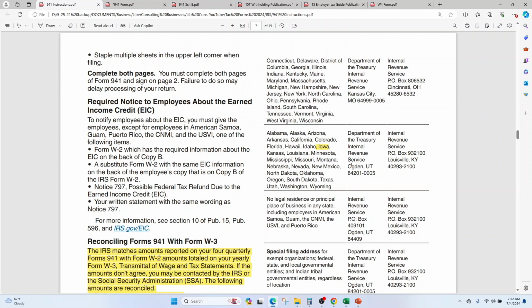That way you have a tracking that you can keep with your copy of Form 941 for your business record as a proof of mailing and mailing on time. And that's where you'll mail your Form 941. Just make sure the instruction is accurate, because the address could change year after year.